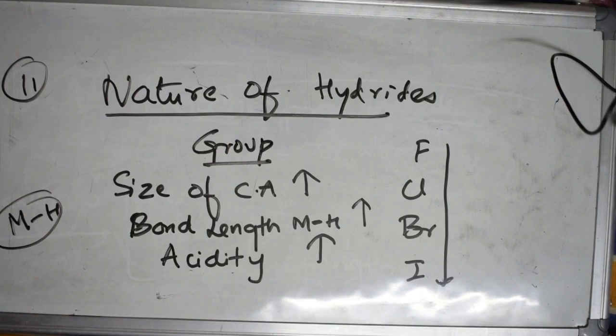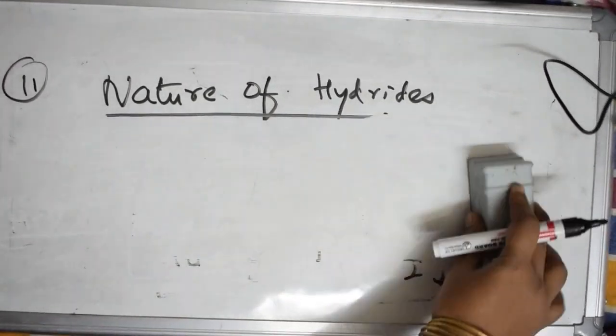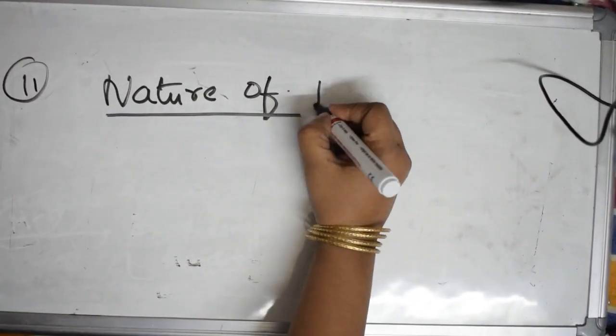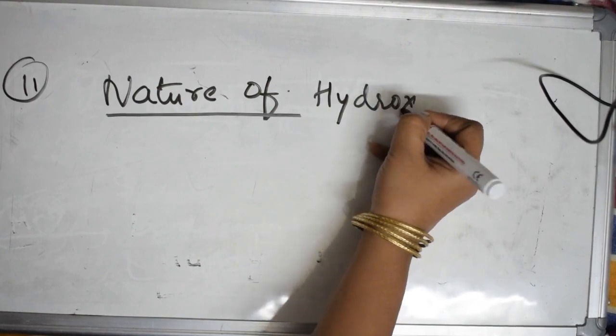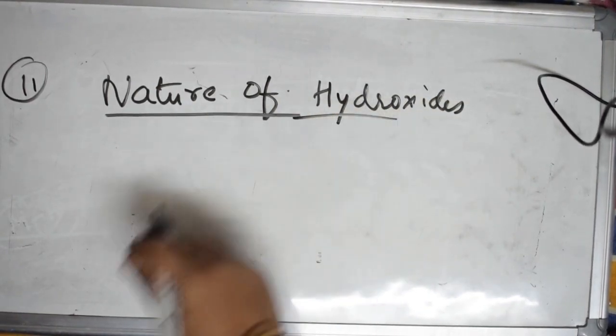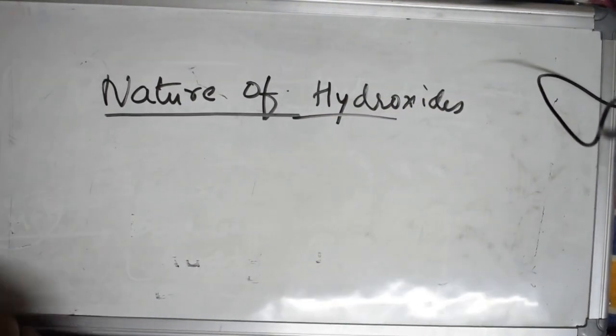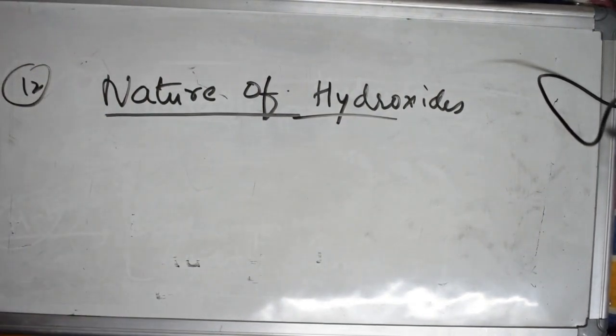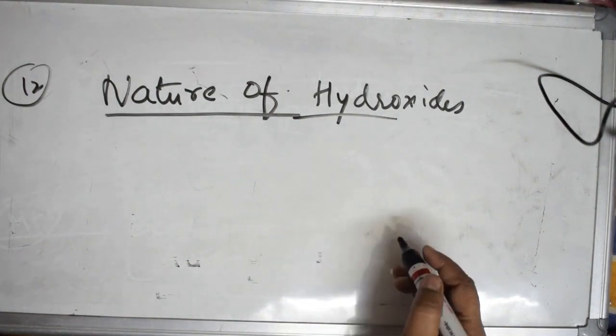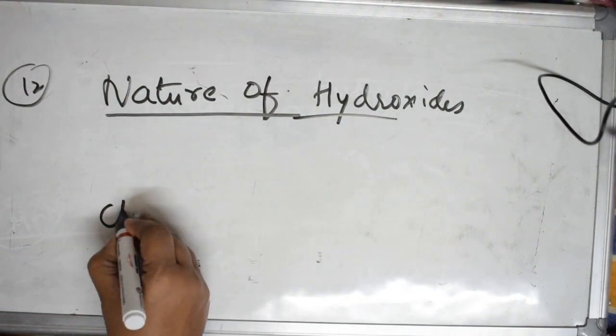Yes, right. Now let us see one more trick, that is trick number 12, with the nature of hydroxides. Okay, let me take this out and write the next one, nature of hydroxides. So hydroxides, this trick would be trick number 12. Let me take an example of this. See here, ClOH.